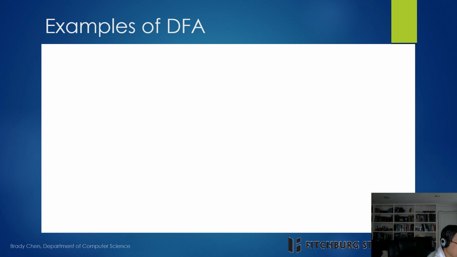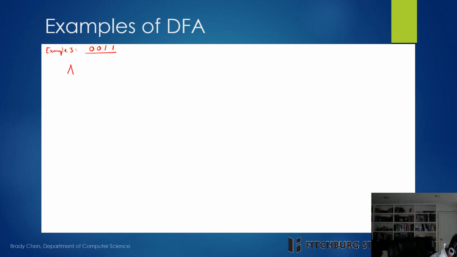Now, first, example 5. We want to build a deterministic finite automata that accepts the strings which contain 0, 0, 1, 1, right? Okay, so let's build the finite automata.